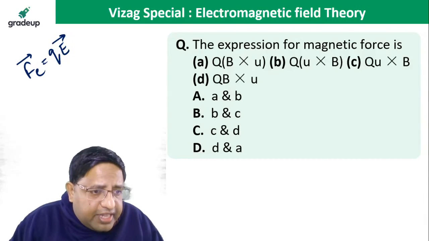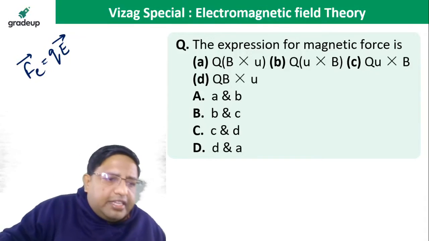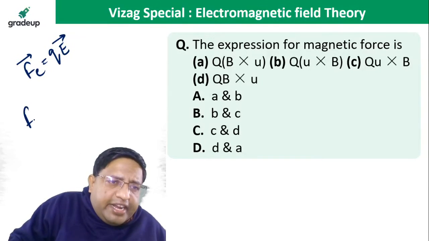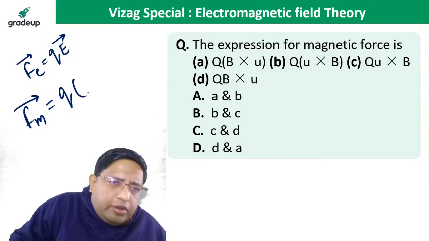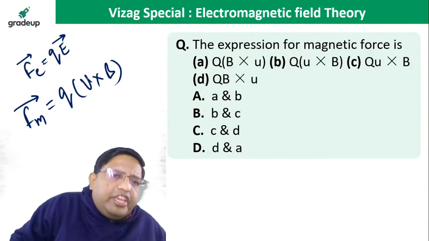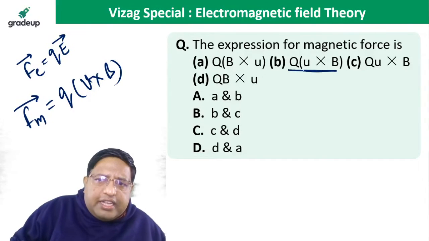Taks Patel is giving the D. I think D is not the correct answer. Okay, I am giving you the answer. So what is the magnetic force? Magnetic force is Q into V cross B, V cross B or U cross B. So Q into U cross B is the correct answer.